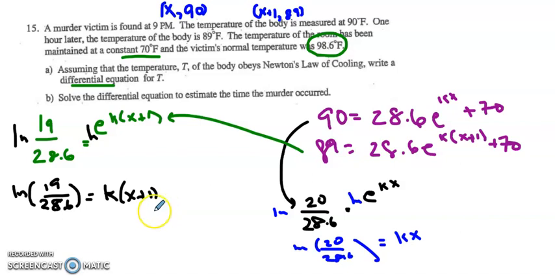So I can actually solve for k on both of these. If I divide here by x plus 1 and I divide here by x, I now have ln of 19 over 28.6 divided by x plus 1 equals ln of 20 over 28.6 all divided by x.